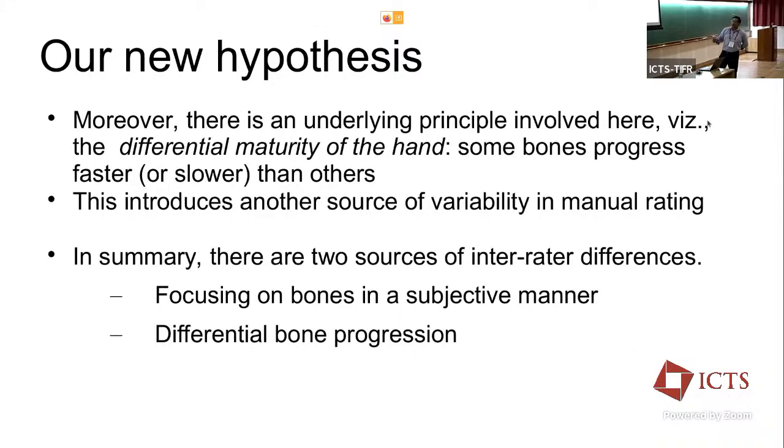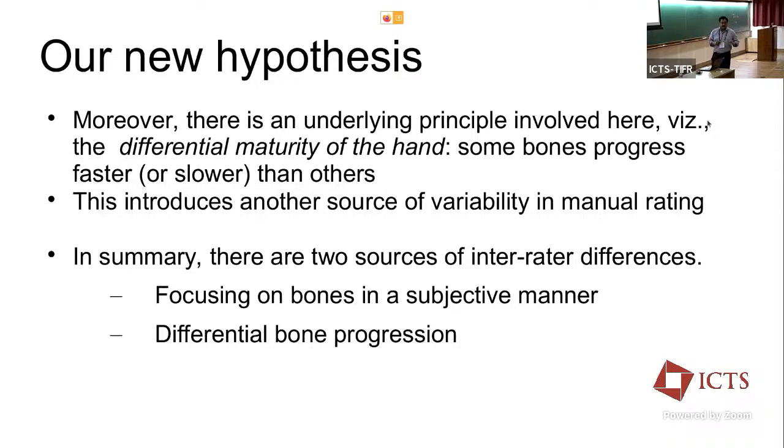Okay. So I was trying to come down to creating some sort of a mental model for where the rater variability could arise from. And this is a subjective thing, remember, right? So we're trying to isolate the sources of variability. The other source that we think of for rater variability is that there are different parts of the different bones of the hand that could actually be matured differently.